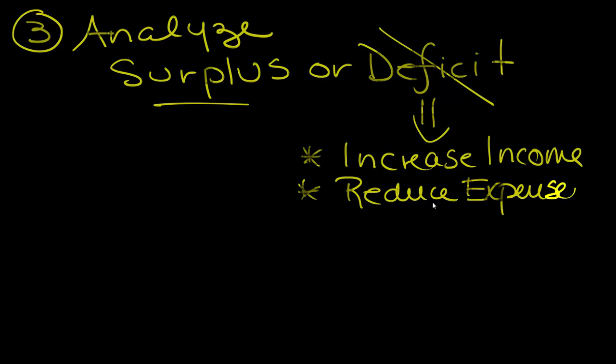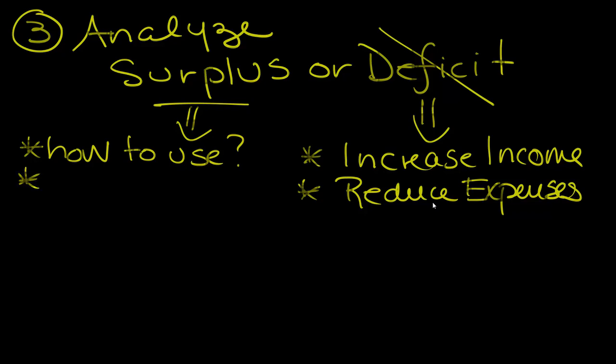And then also, if they do have a surplus, you may want to provide a little analysis there and think about, how do you want to use that surplus? Because ideally, you want their income and expenses to actually be equal, or income minus expenses should be zero, because in that case, that means that they're taking any surplus and they're saving it or investing it.